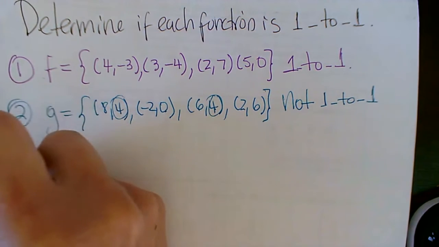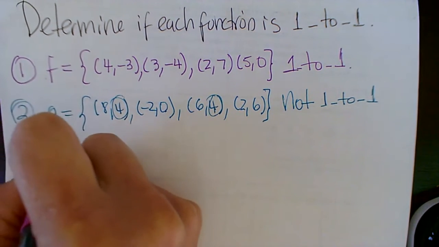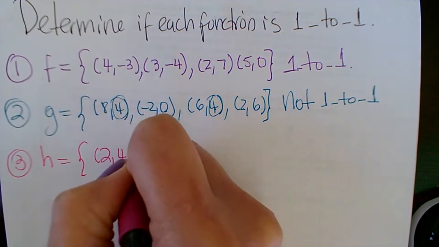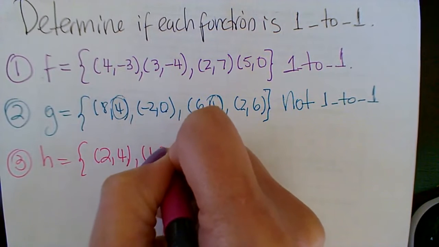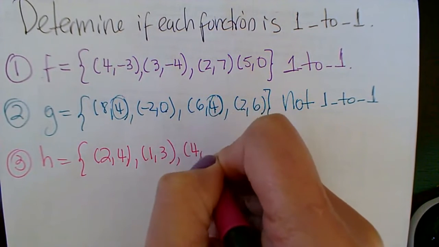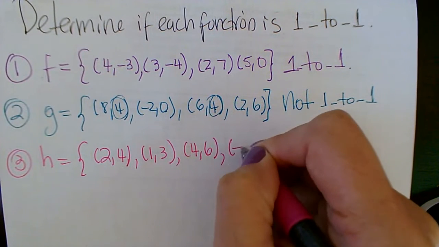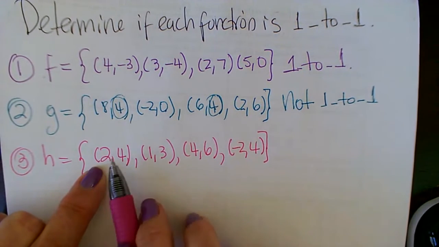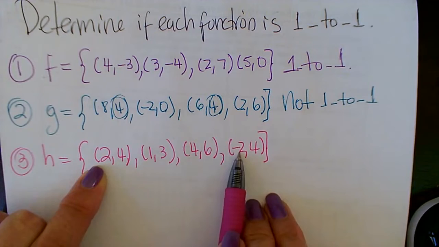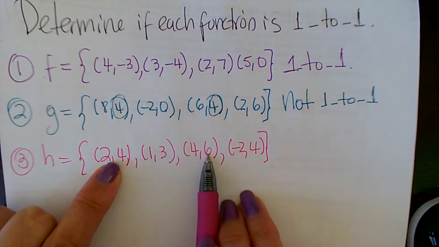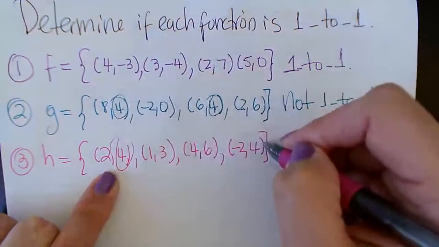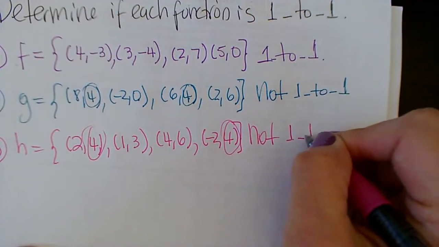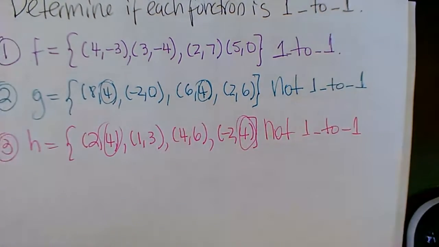Now, let's try this one. (2, 4), (1, 3), (4, 6), and (-2, 4). This is 2, 1, 4, and negative 2. We're fine. 4, 3, 6, and 4. Again, not a one-to-one function.